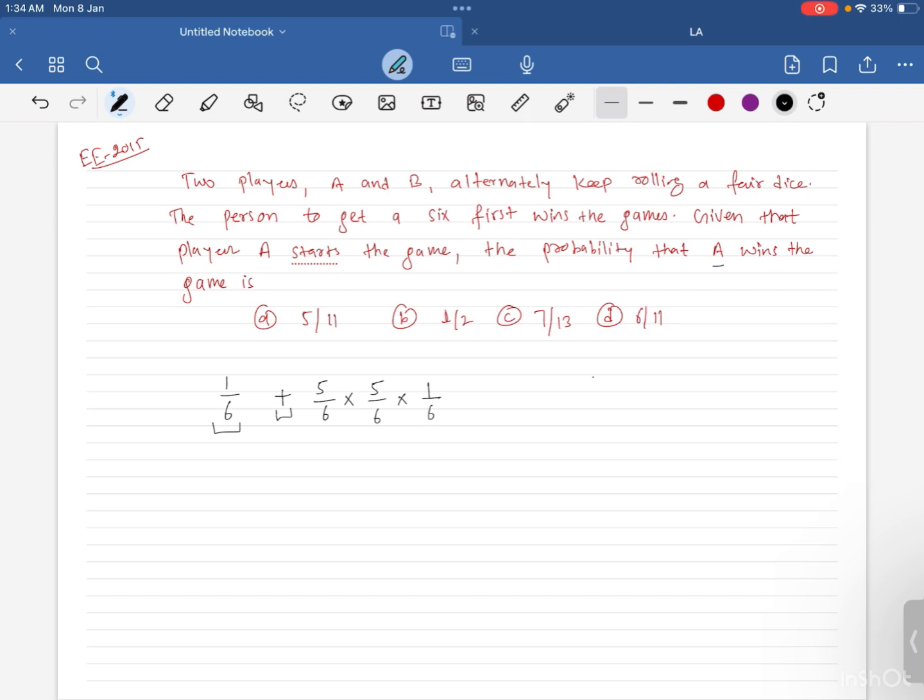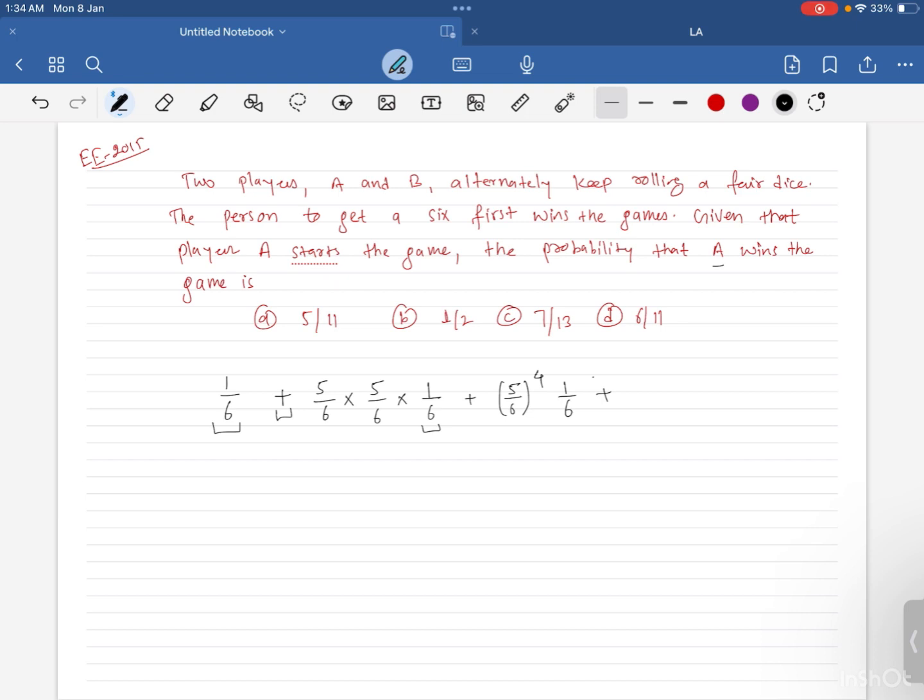Similarly, you can think that A is not going to win even at the third trial. Then A will get the chance at the fifth, right? And before that everyone is going to lose the game, right? So it will be 5 by 6 to the power 4, and at the end A is going to win.